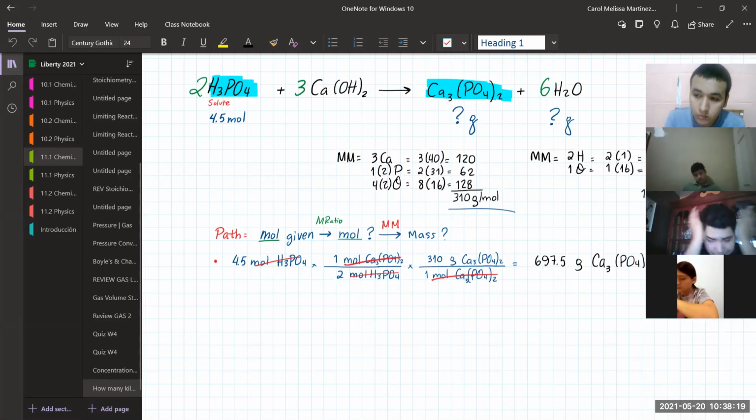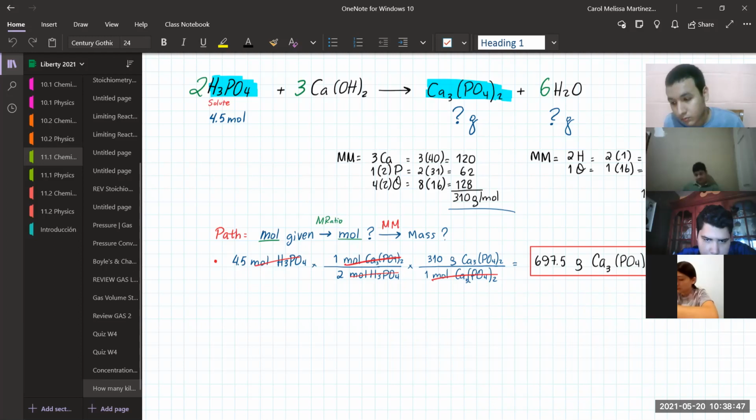And this is the first answer, okay? So from that amount of phosphoric acid that has a concentration of 6 molar, I can get almost 700 grams of calcium phosphate. That's quite a lot.